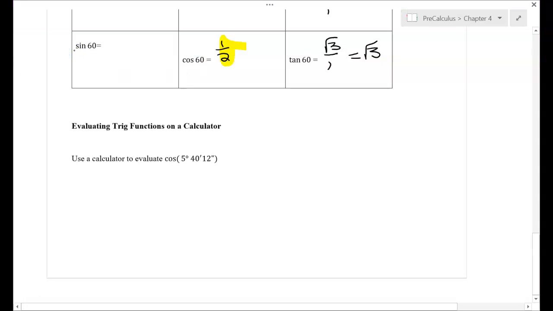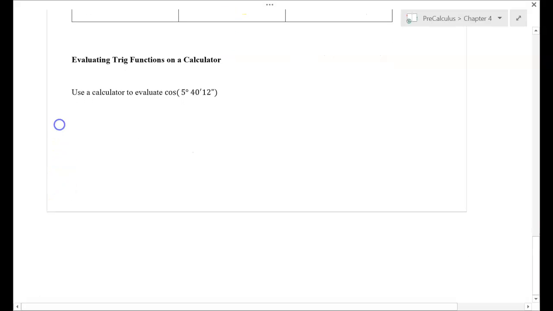The last thing we're going to do is evaluate a trig function on the calculator, and it's a little bit more complicated than you would expect. And the reason is we're going to evaluate the cosine of 5 degrees, 40 minutes, and 12 seconds.